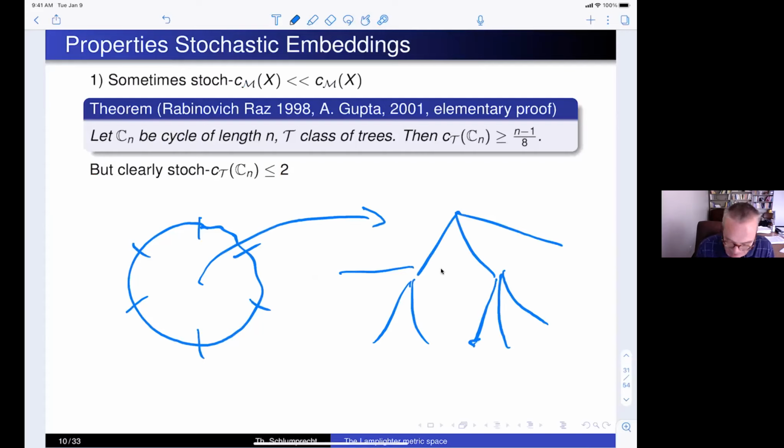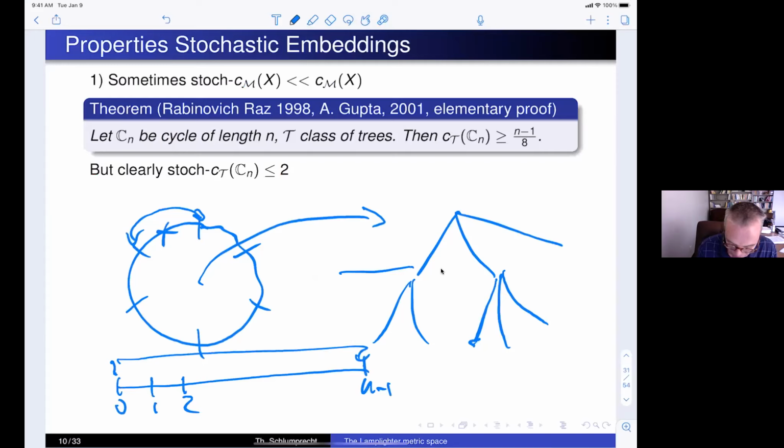Intuitively it's clear that if you want to do this, you have to cut one edge, and by cutting this edge, you make out of two neighbor points, points which are very far apart. If you want to bijectively map a circle into a tree, the best you can do is simply putting it into a line. But then, of course, 0 and n-1 get very far apart.